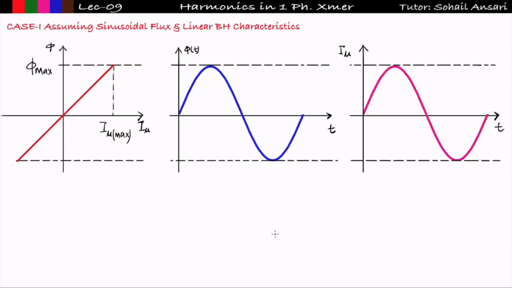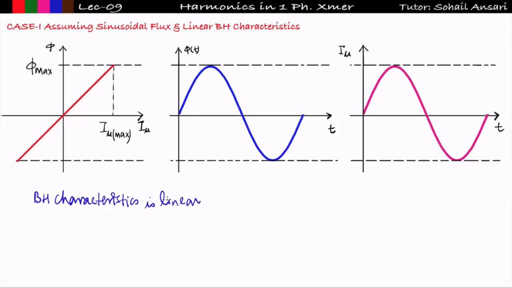So I divided the harmonics in a single phase transformer into 3 cases. In the first case, I am assuming that the flux in the transformer is sinusoidal in nature and the BH characteristics is linear. In the practical case, we don't get linear BH characteristics, but here in case 1, I am assuming that the BH characteristics is linear and sinusoidal flux is obtained.